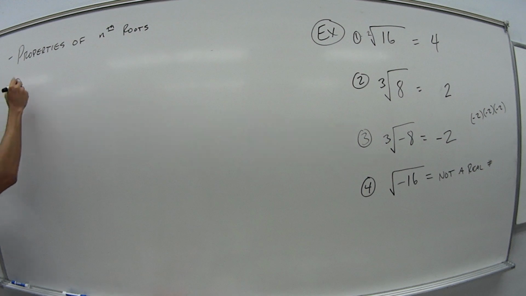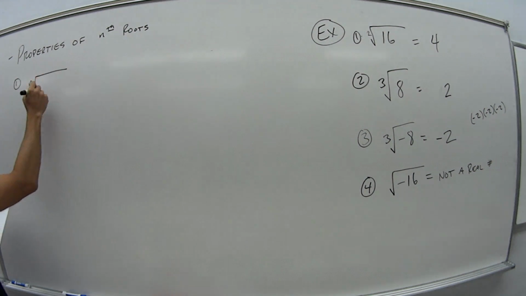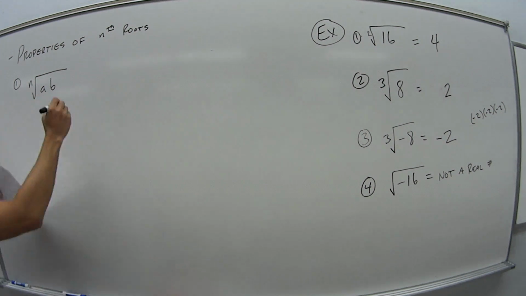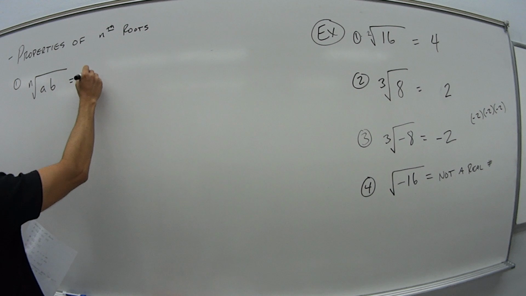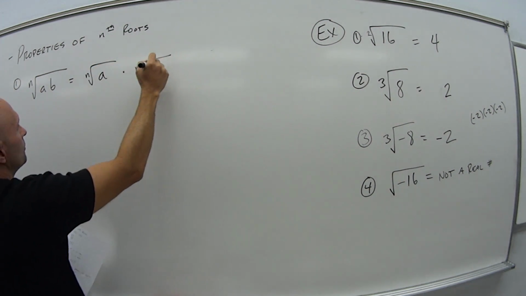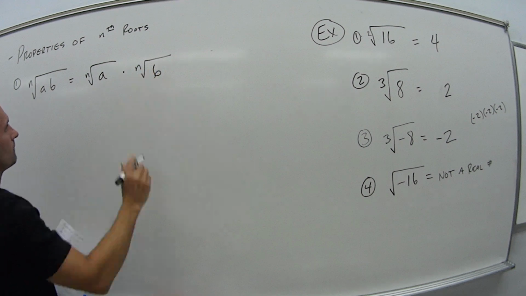So if I have the nth root of 2 numbers multiplied underneath, a times b, I can separate these: nth root of a times the nth root of b.